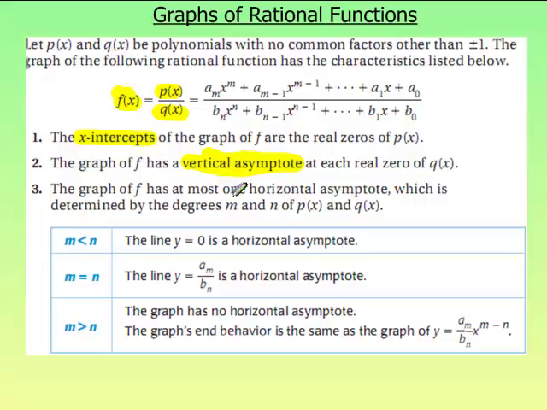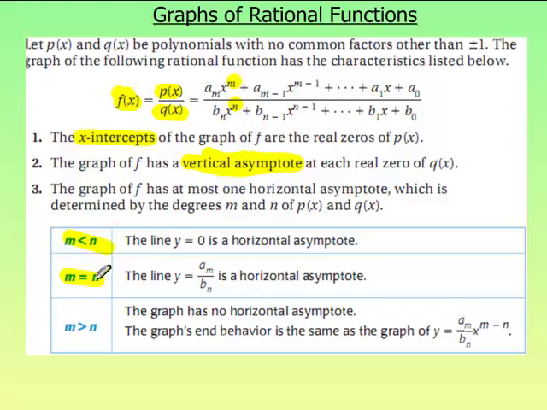And then horizontal asymptotes. Horizontal asymptotes are not quite as straightforward, but we have a little guide here where m is less than n, when we're talking about m and n as the exponents, or the degree of the polynomials. You're going to have y equals 0.